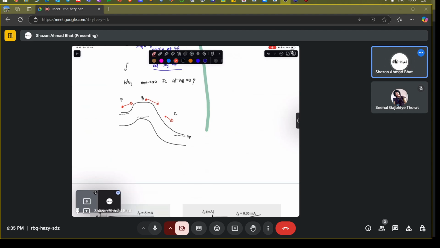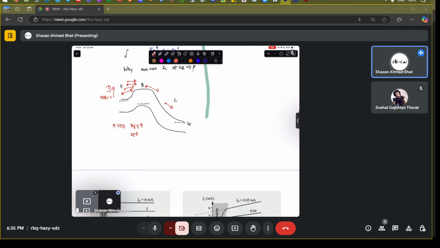So that's how this conduction takes place. Now, what happens basically? Let's say you go on increasing the VEB, that means the injected electrons go on increasing. Let's say you have VEB equals, let's say, -1, -2, -3. You go on increasing this, you inject more and more electrons into this region.